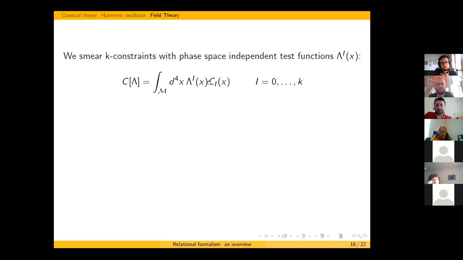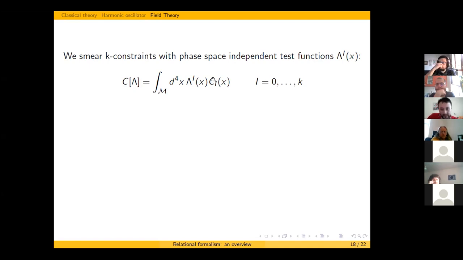The second reason is that the total Hamiltonian, which is a constraint in the ADM formalism, is exactly a smeared constraint, where the test functions are the Lagrange multipliers, namely the shift vector and the lapse function. And the C_I are just the constraints that we know, the scalar constraint and the diffeomorphism constraint.